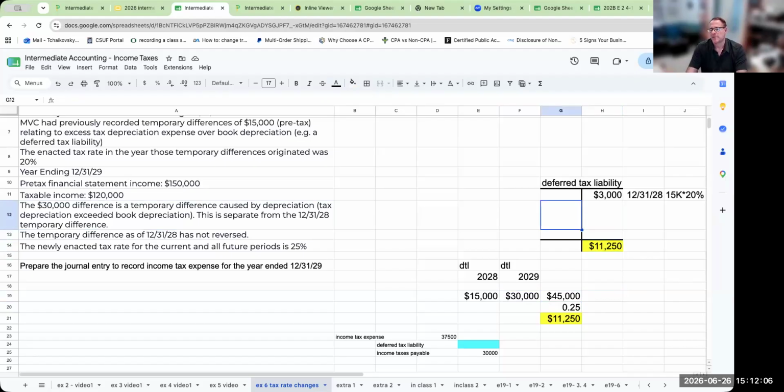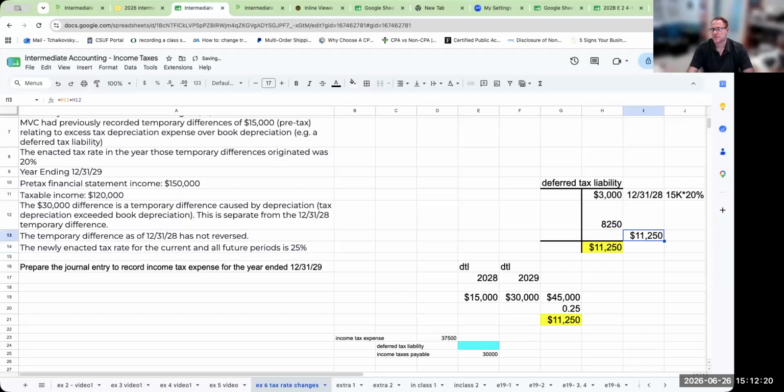I have a beginning balance here of 3,000. So my difference is going to be 8,250. And I want to put this on the other side. So 3,000 plus 8,250 is 11,250. Now, if we look at this, my adjustment is going to be 8,250.